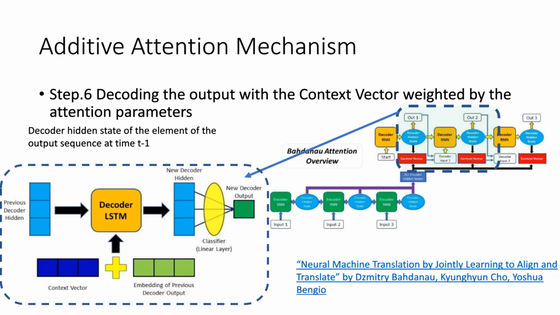So for this decoder, it's the very last information combined with all the temporal information in the output sequence before this time step, and all the information in the input time series or sequence, weighted by the attention scores, together with the embedding vector of this output time step. So you combine these 3 things together and put them into a decoder, which can be an LSTM or a recurrent neural network.